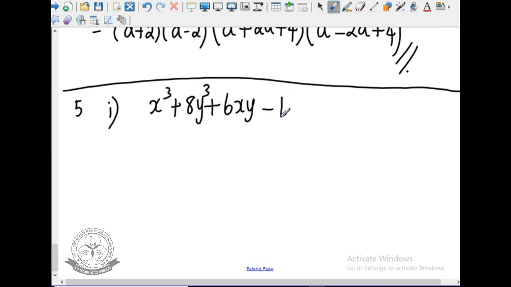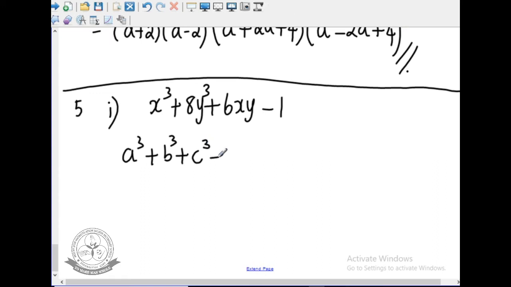Okay. So this polynomial is a form of that seventh identity. That is a cube plus b cube plus c cube minus 3abc, because we have 4 terms and cube terms.